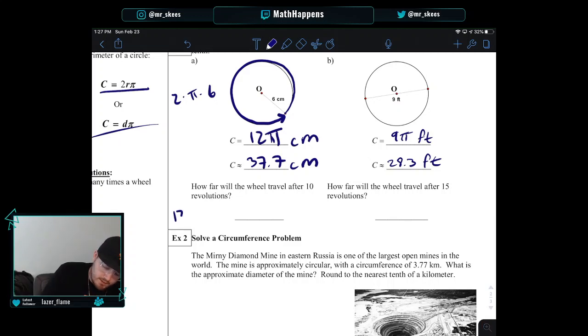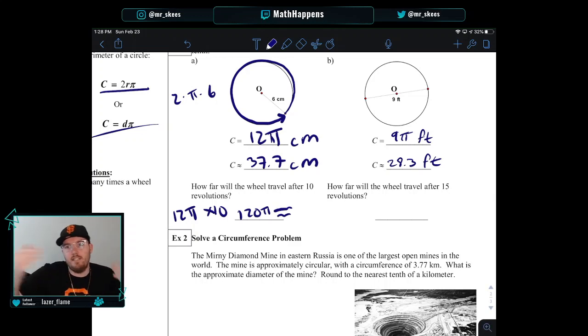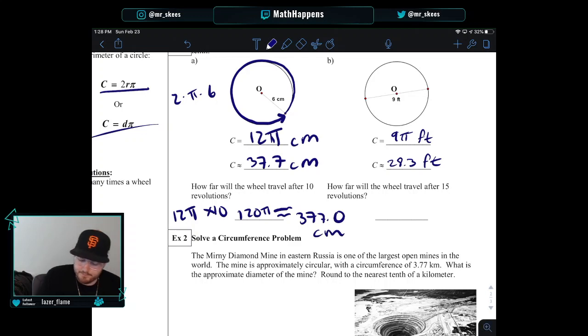Well, 12 pi times 10 gives you 120 pi. If one turn is 12 pi, then for 10 of them, multiply it by 10. And 120 pi is approximately $376.99, which might as well just round up to 377.0 centimeters.